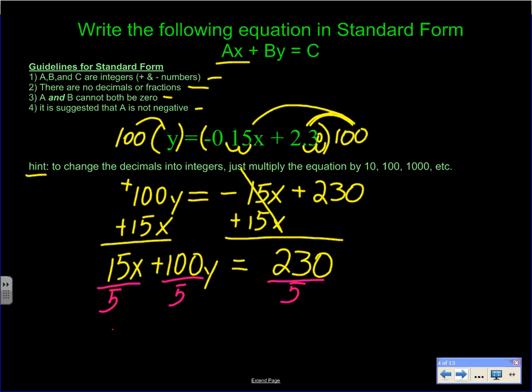15 divided by 5 will give you 3, so we're left with 3x. 100 divided by 5 is 20, so it's 20y. And 230 divided by 5 is going to give us 46.